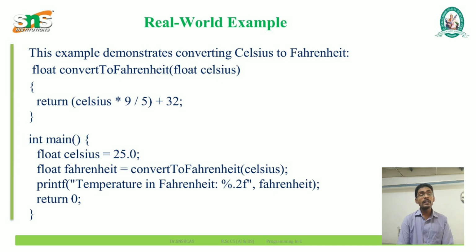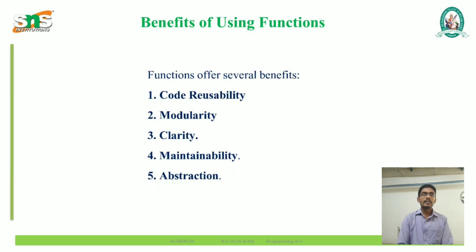In this example, the Celsius value is received from the main function using a function call: float fahrenheit equals convertToFahrenheit. Inside the function, it passes the value of the Celsius, here 25, to the function definition, and it finally converts the Celsius to Fahrenheit and returns the value to the main function. So the benefits of using functions like this are code reusability, modularity, clarity, maintainability and abstraction.